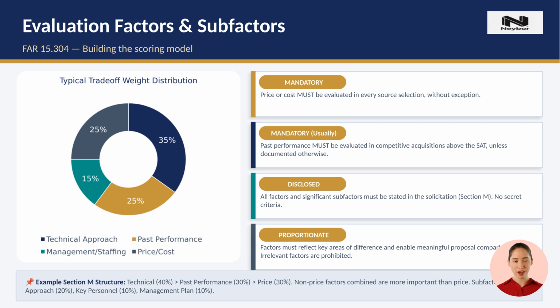Price is always required. There are no exceptions. Past performance is almost always required above the simplified acquisition threshold. The critical legal rule is this: the agency can only evaluate on factors it disclosed in Section M. If an evaluator scores down a proposal for a reason not listed in Section M, that is a legally vulnerable evaluation and a strong protest ground.